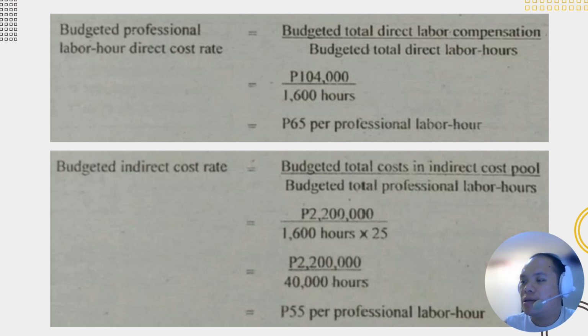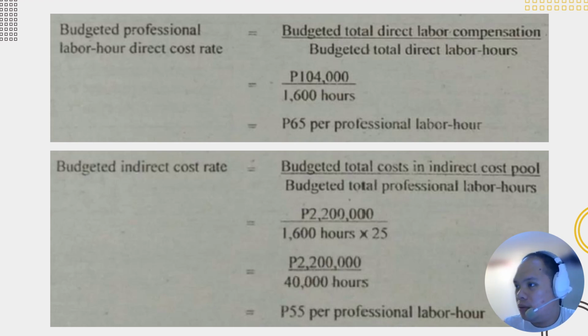That means each professional who will incur 1,600 hours will be budgeted with indirect cost. So 1,600 billable hours per professional times 25 professionals, because we have 5 partners and 20 associates, a total of 25 professionals.